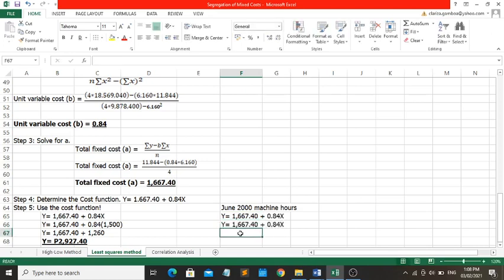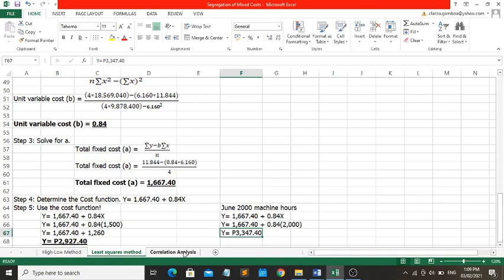So, ang y natin ay magkano na po ang ating y? 1,667.40 plus 0.84 times 2,000, we have now a total of 3,347.40. Yan ang ating magiging total overhead cost kung 2,000 machine hours ang meron siya sa June.